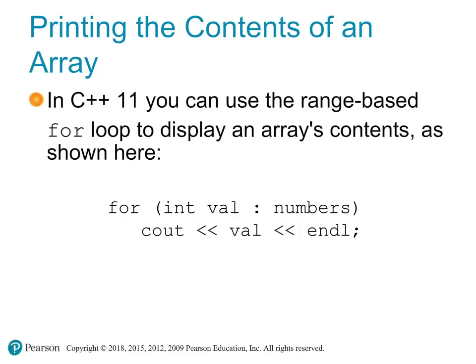The val variable takes on the value of each element in the array one by one, and we print it inside the loop. So this feature simplifies your code and makes it more readable. It also reduces the chance of off-by-one errors that can occur when you're using traditional for loops with explicit counters.